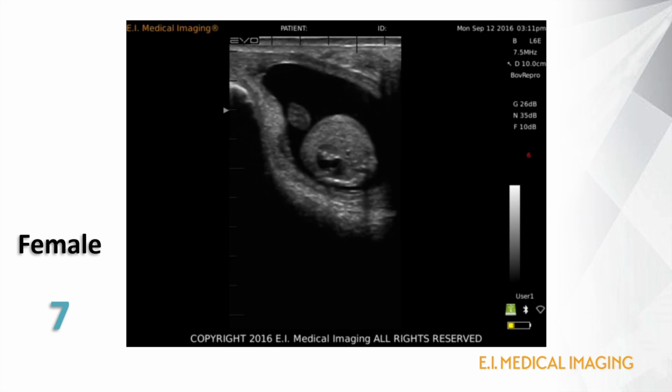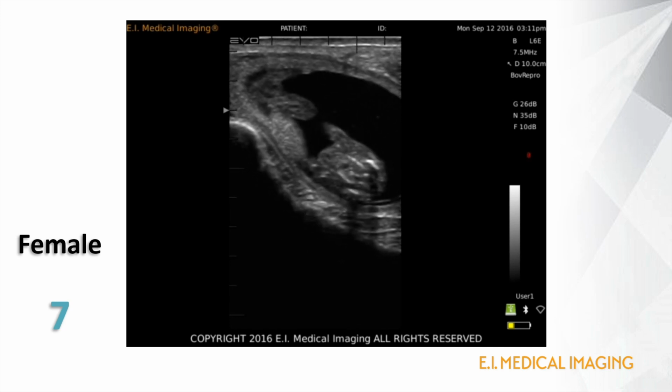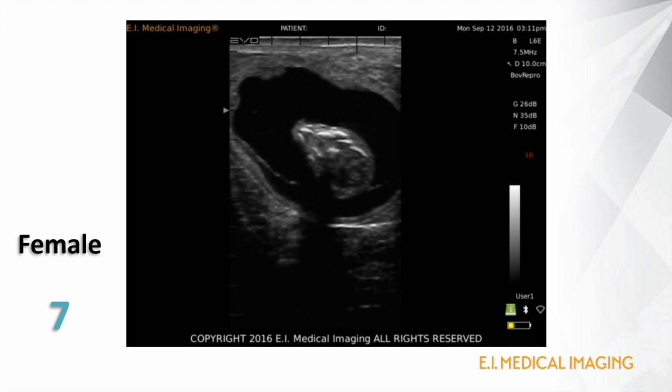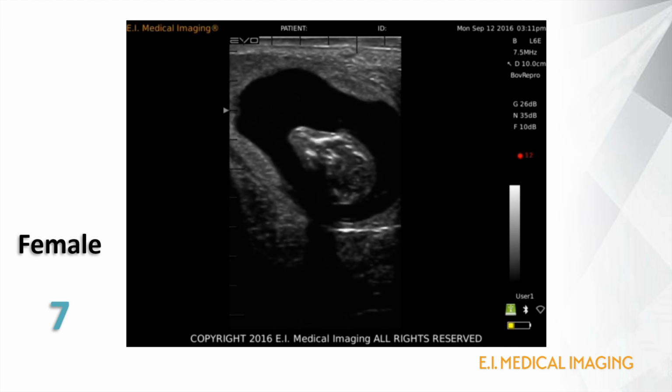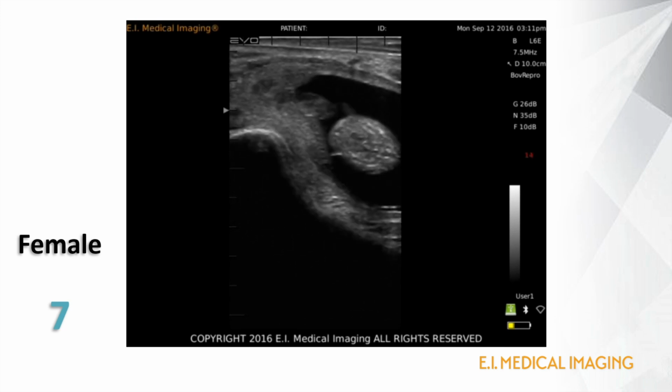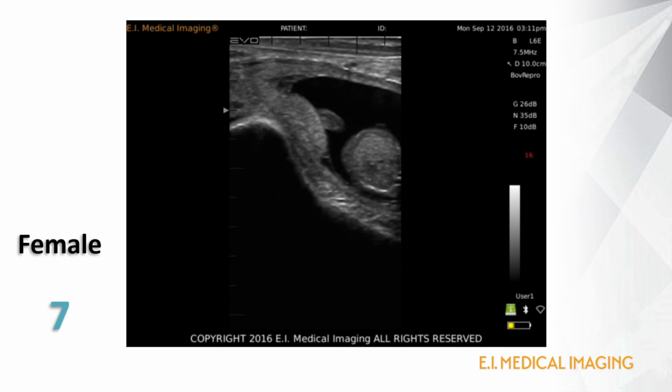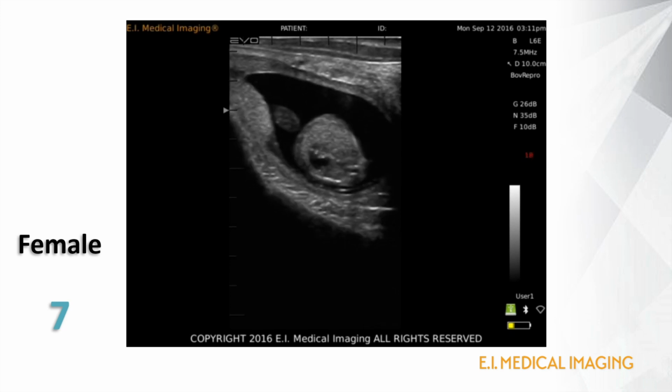Remember that the tricky part of identifying the gender in this view is that the structures can be very isolated. We move forward on the fetus to image the umbilicus, and it comes into view without having first seen a male GT.